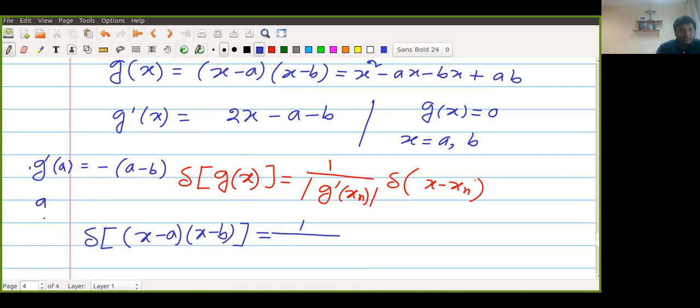And when I calculate for b, it will be 2b minus a minus b, so it will be b minus a, which is the magnitude a minus b.